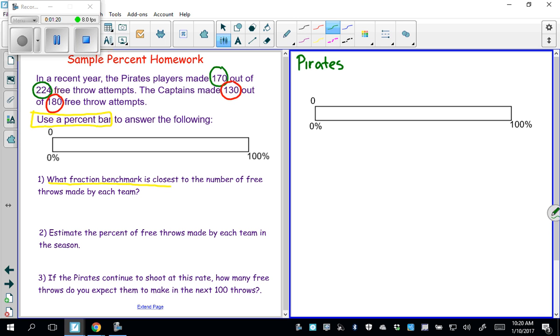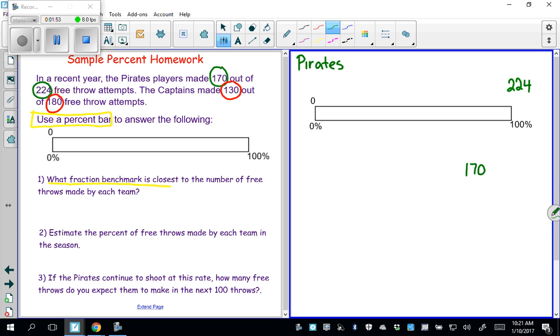I'll put their total here, 224 attempts, and they made 170. So a percent bar is just a good visual tool. And our benchmark fractions are halves and thirds, fourths, tenths.